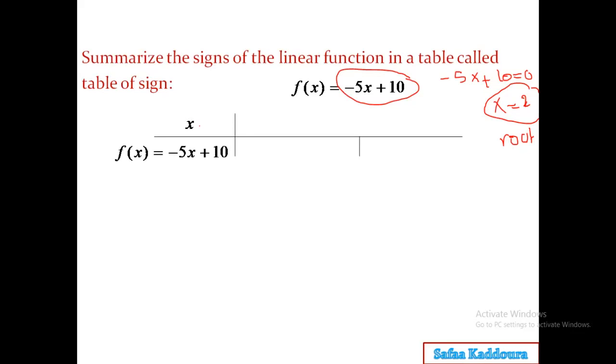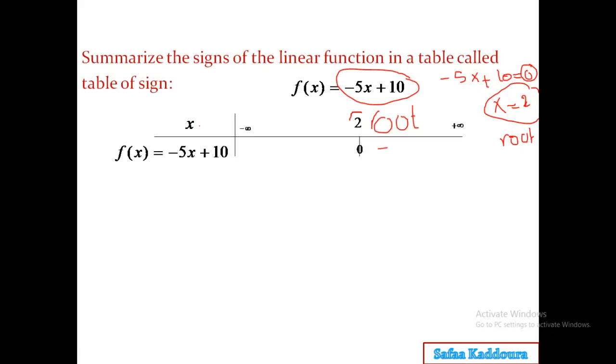Here, we will write x, and x can take any value from minus infinity to plus infinity. But we have x equal 2 as a root. We must write the root because it will separate the negative sign and the positive sign. At the root, what is the value of f of x? It will surely be 0.